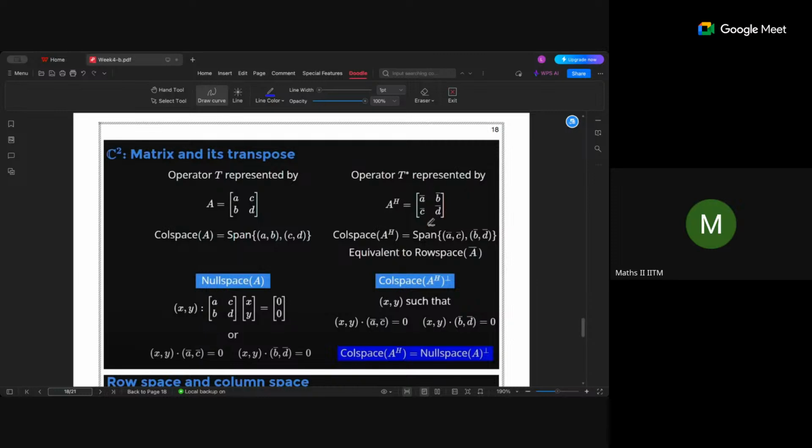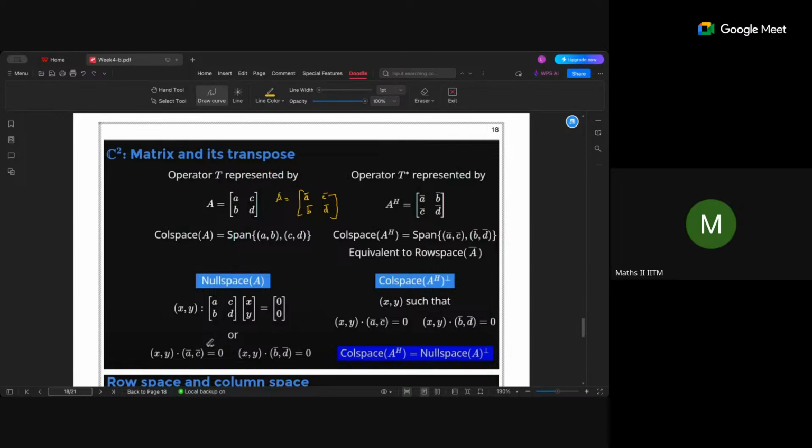Conjugate transpose I am taking, and now you see that the column space of A H is given by A bar, C bar, B bar, D bar. Now you see that it is equivalent to the row space of A bar, right? What is your A bar? A bar is nothing but A bar, C bar, B bar, D bar. So these are the rows of A bar. You can see that, right?